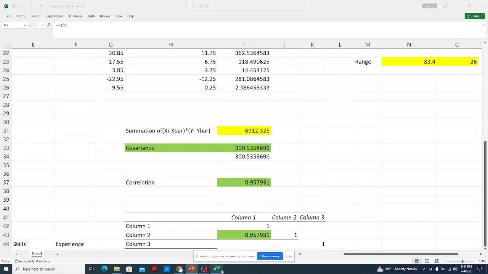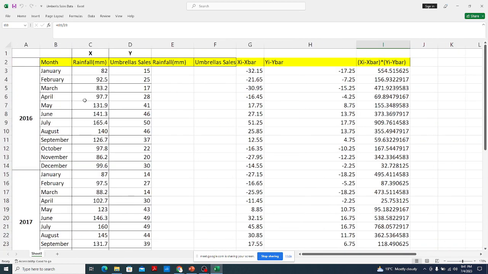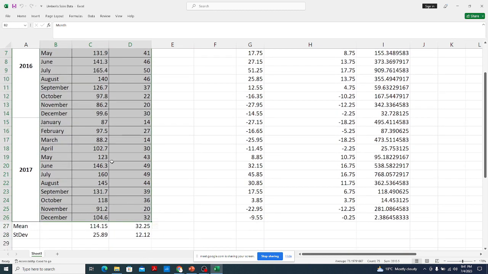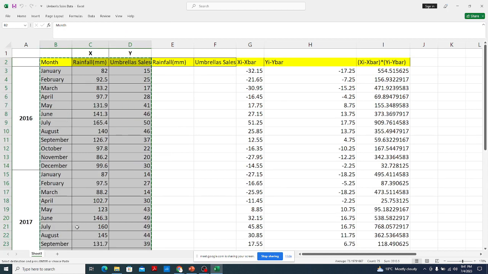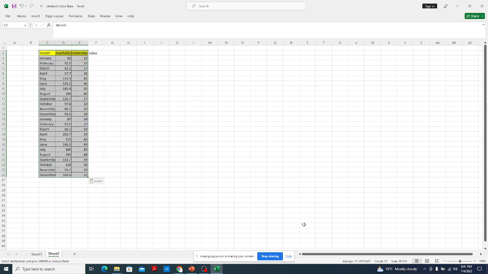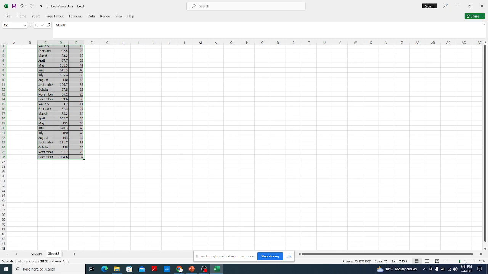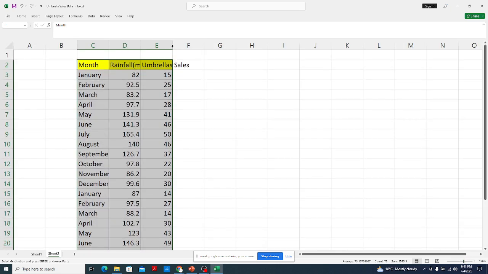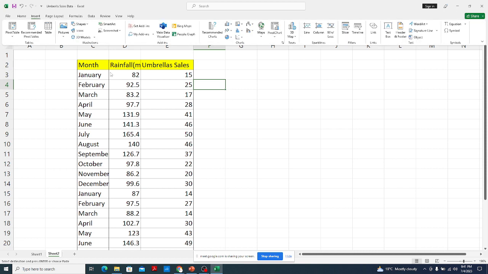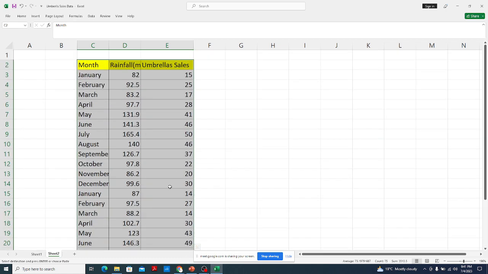Maybe just to give you an example, let me take these two variables and insert a linear regression line.